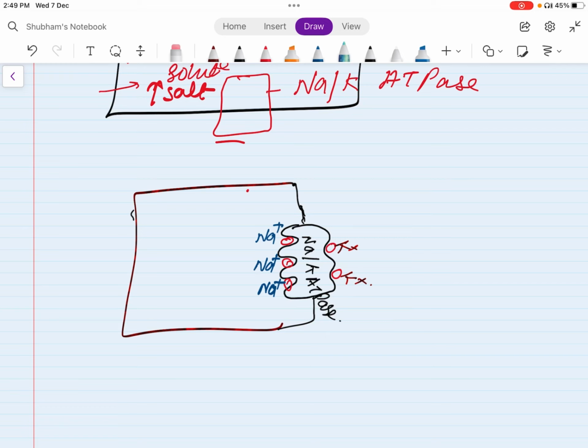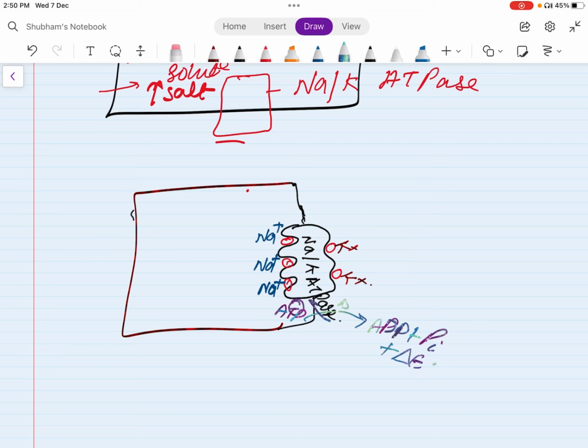Now there is an ATP attached to it. What happens with this ATP? When this ATP breaks, what will it break into? ADP plus Pi, inorganic phosphate, and it will release a huge amount of energy.